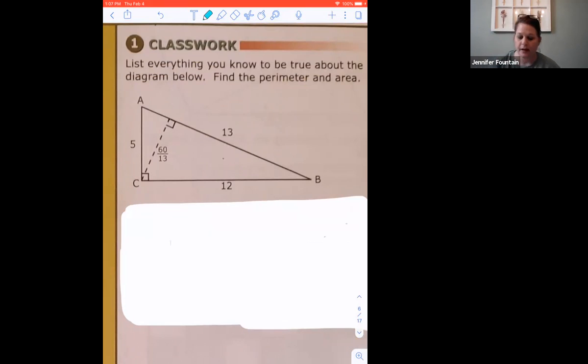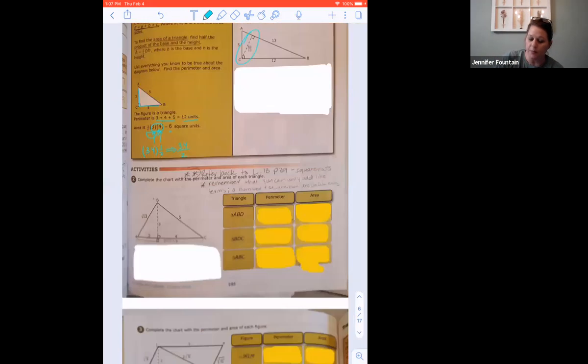All right. Now, one of the things I want you to know is they have put this extra little line in here for us. Sometimes you may see a triangle and they will have a dotted line like this. I guess actually we'll see it in the one at the bottom of the page right here.